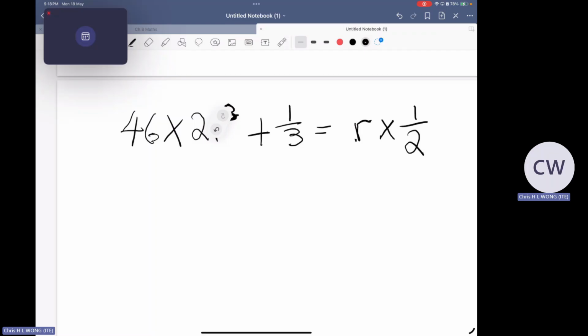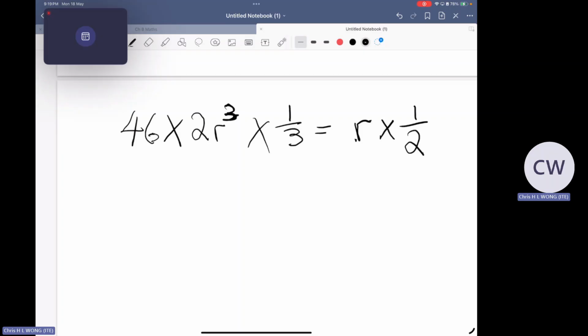Minus 1/3. Cannot. Too difficult. Okay, that is easier. Sorry, sorry. So there are all times here. If I put a plus there, it is quite difficult, so cannot. Times. You still have the R cubed there, in the R, right? Yeah.